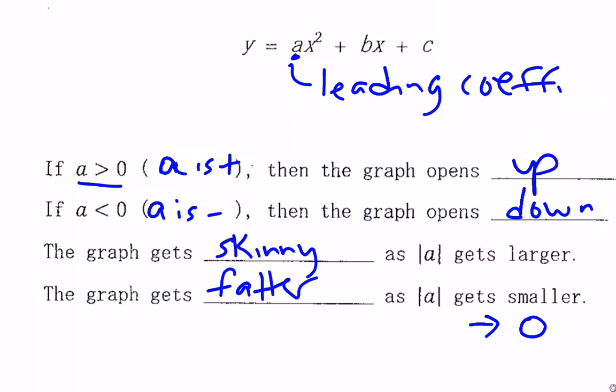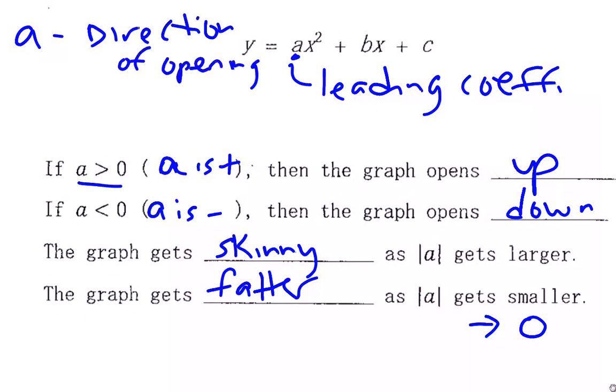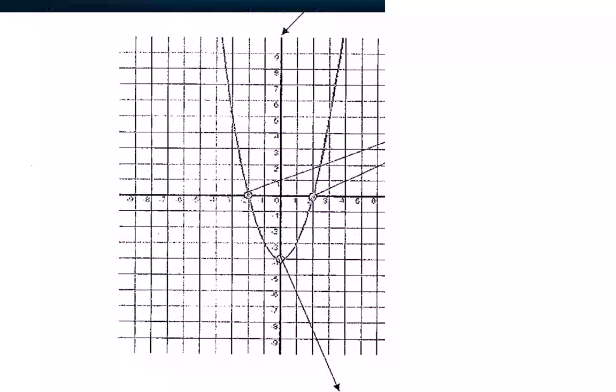So a gives us our direction of opening and our width. C happens to be our y-intercept.